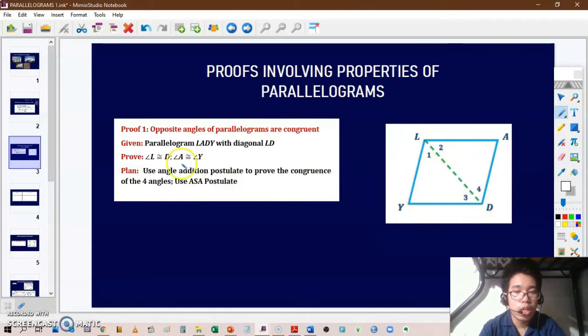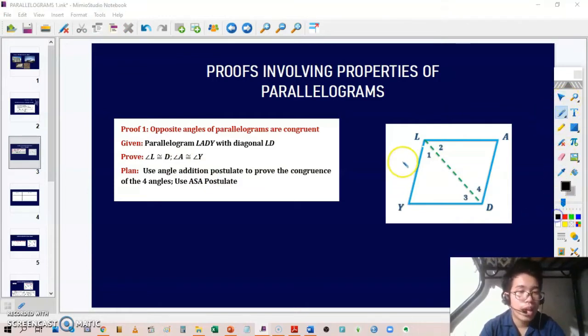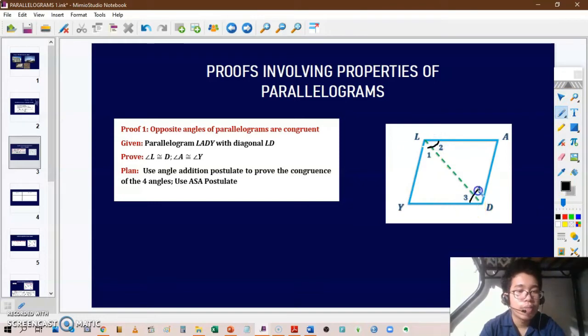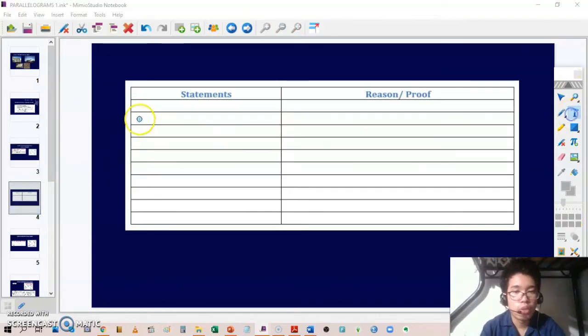We want to prove that angle L is congruent to angle D, and angle Y is congruent to angle A. Those are the two pairs of opposite angles in our figure. The general plan is to use the ASA postulate and also the angle addition postulate. As with all proofs, let's start with the given.